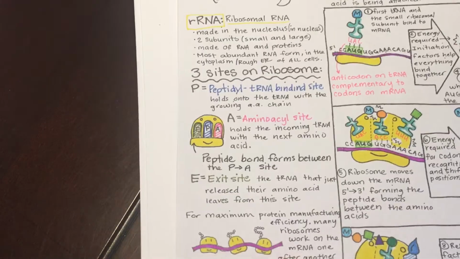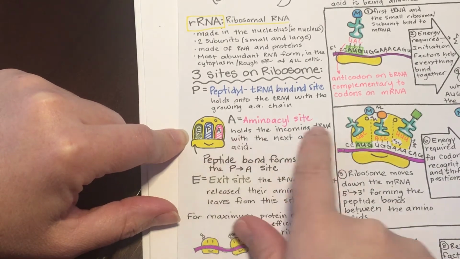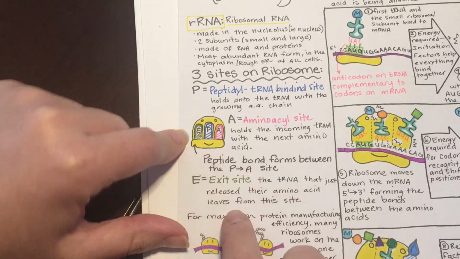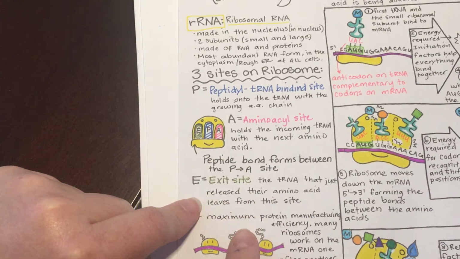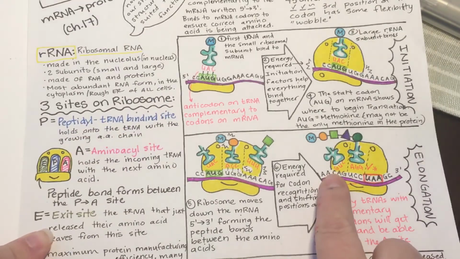And the A site is where the incoming new amino acid is coming in, bringing in the next one. And then the exit site is where the one that just released its amino acid is going to leave from.